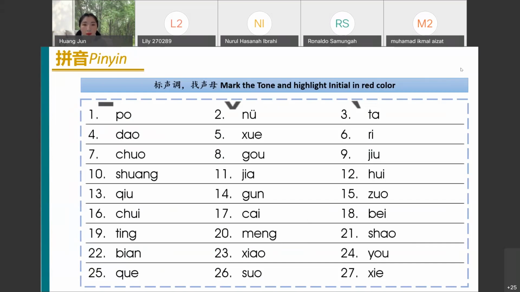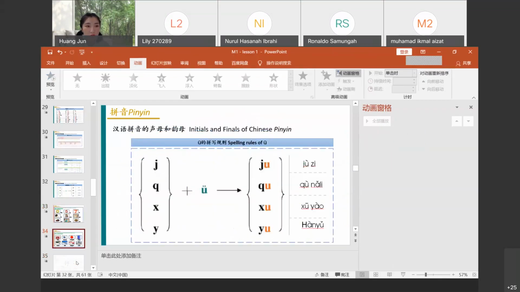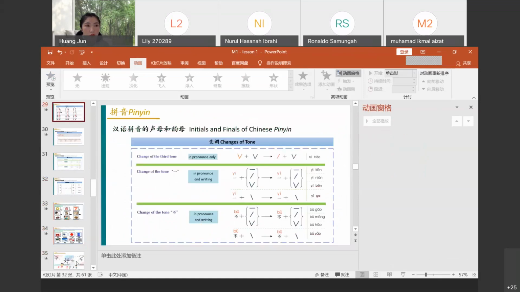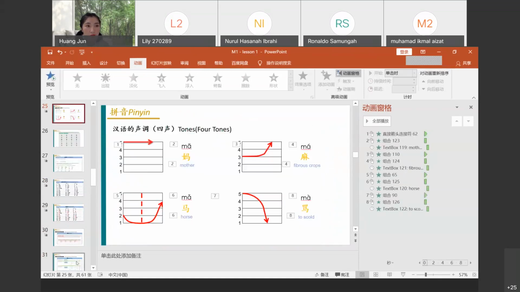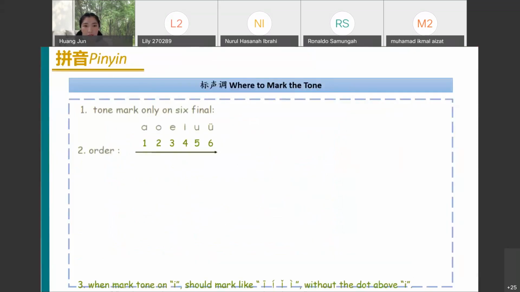In case some students forgot the rules for how to mark the tone, I will put the rules inside our group. I will take a photo of this and put it in our group, so you can check.